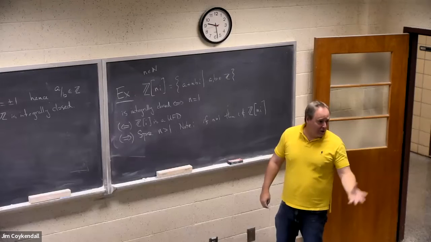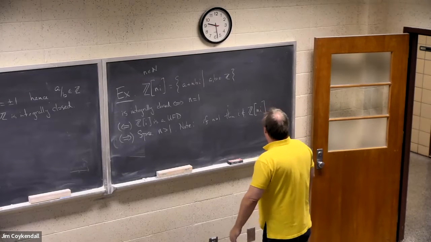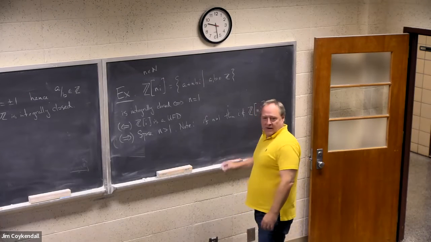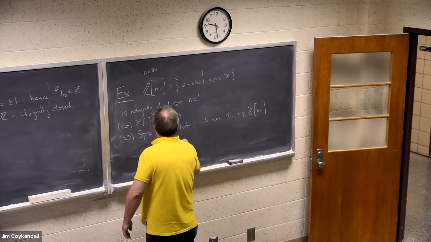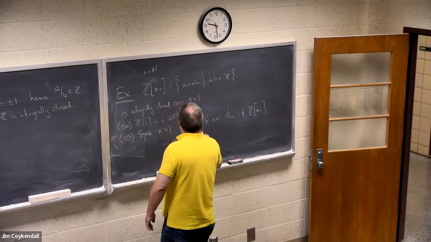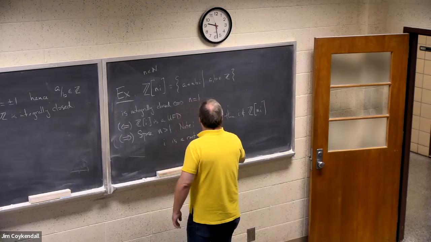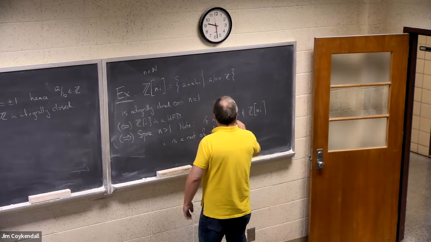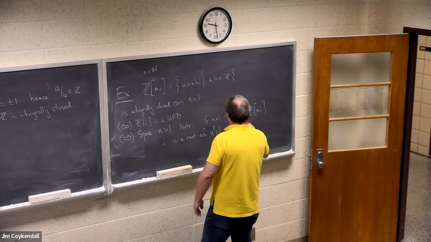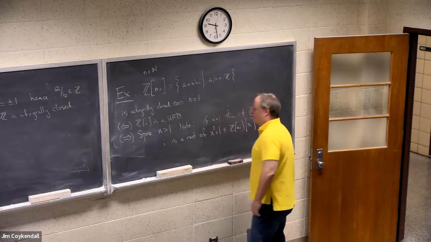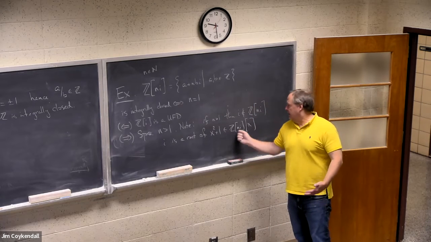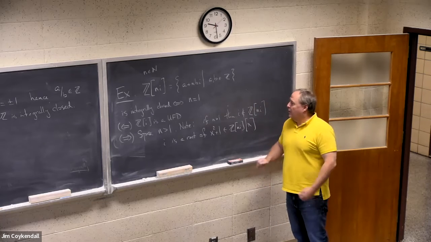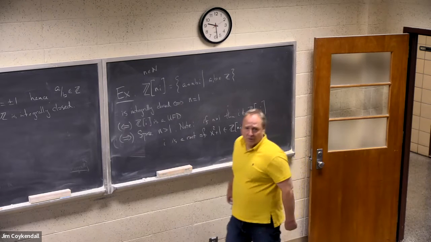Anything bigger, you're totally toast. So i is not in here. However, i is a root of x squared plus 1, right? Because really the only coefficients you need are integers. You don't even need any of this fancy stuff. So if n is bigger than 1, it's not integrally closed.